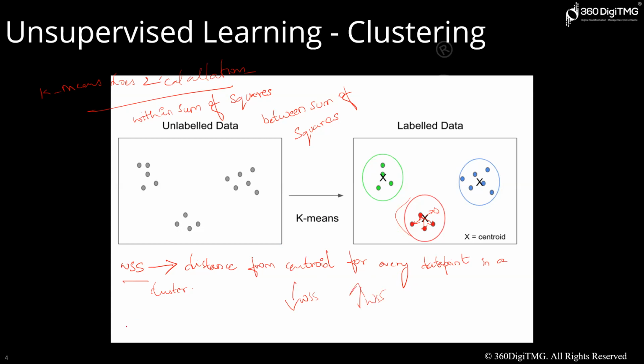Then next we have BSS, between sum of squares.